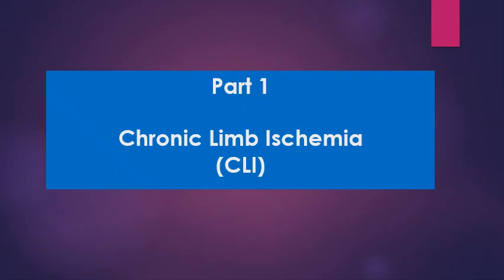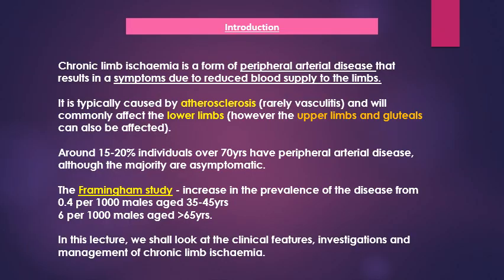I will begin with part one, in which we'll talk about chronic limb ischemia, or CLI. Chronic limb ischemia is a form of peripheral arterial disease that results in symptoms due to reduced blood supply to the limb. It is typically caused by atherosclerosis, rarely by vasculitis.